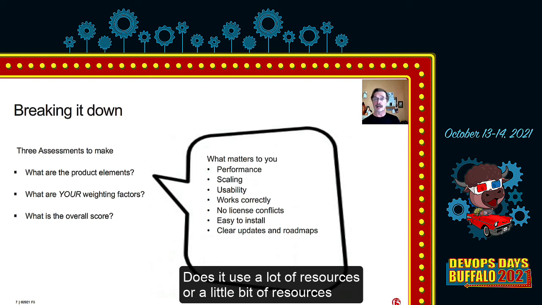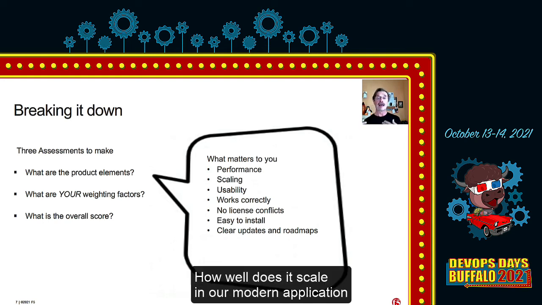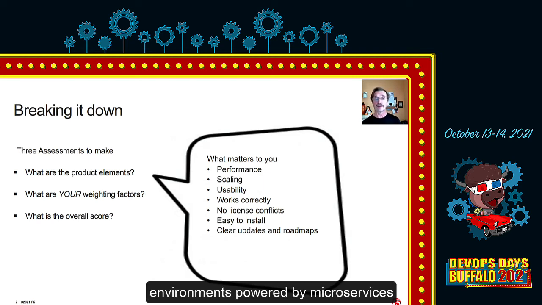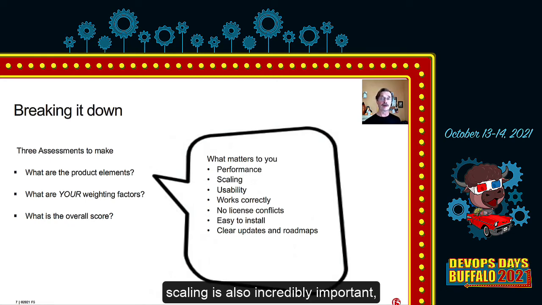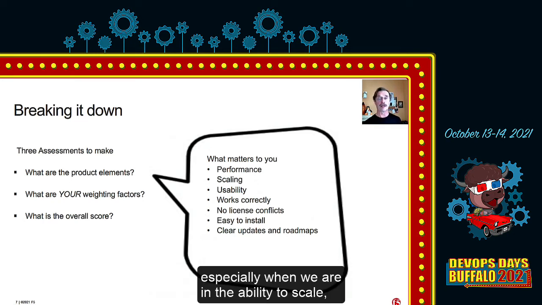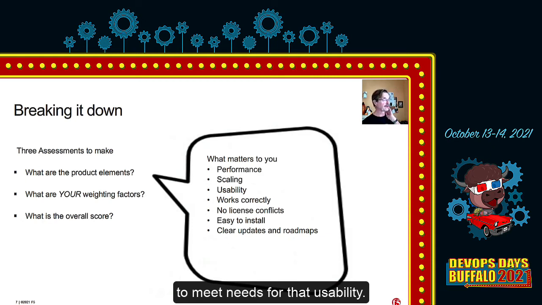Does it use a lot of resources or a little bit of resources inside of that? How well does it scale? In our modern application environments powered by microservices architectures, scaling is really important. Likewise, in an ephemeral and elastic cloud environment, scaling is also incredibly important, especially when we have the ability to scale to meet needs for that.